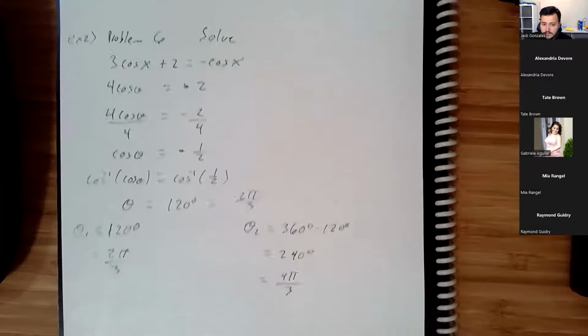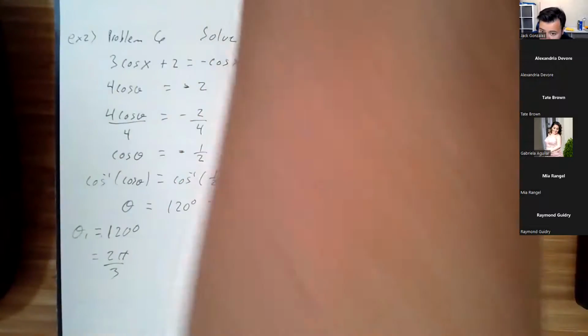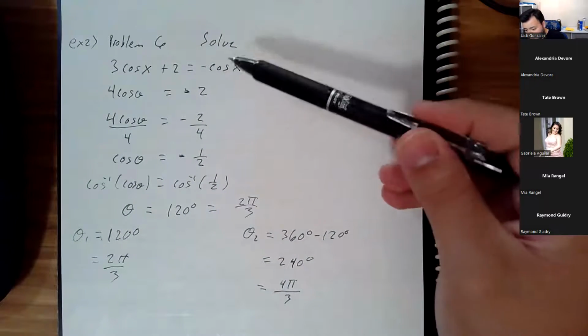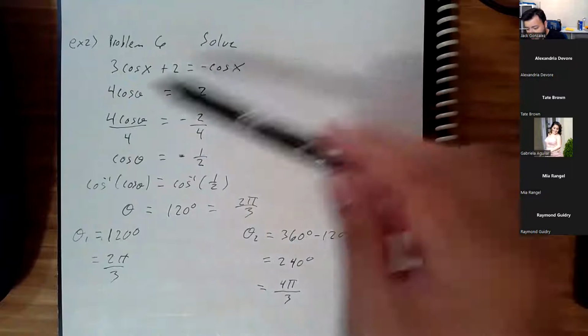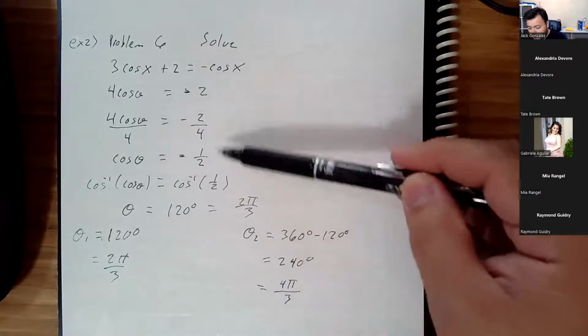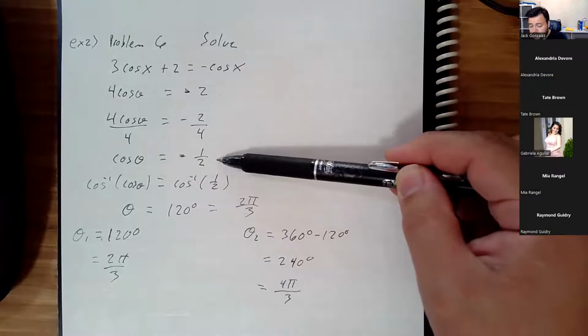Forgot to unpause recording. Oh, well. Missed that first example. So rehash this. Add the cosine over, subtract the 2 over, divide by 4. Apply cosine inverse on both sides.